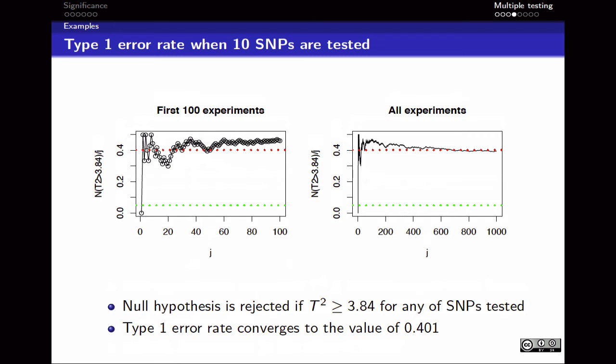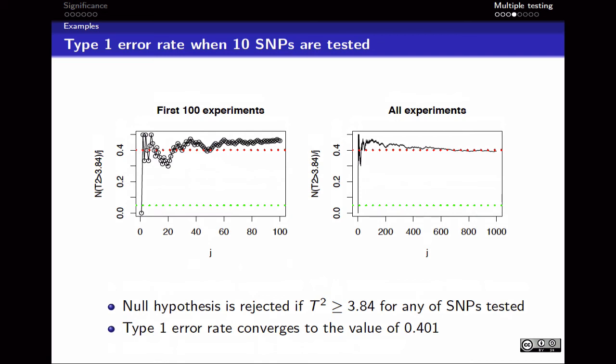Now you can see that the type 1 error in this experiment will be rather high. It actually would converge to a value which is around 40%. So in 40% of my experiments, I do reject the null hypothesis while it is true, and this is not really acceptable.